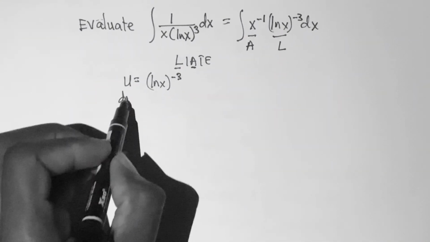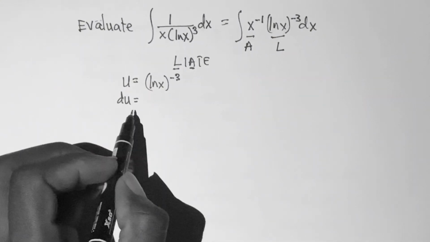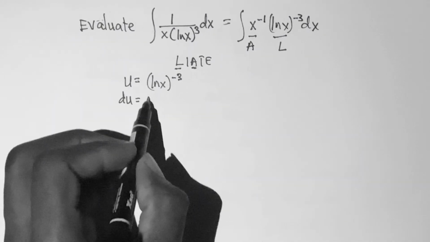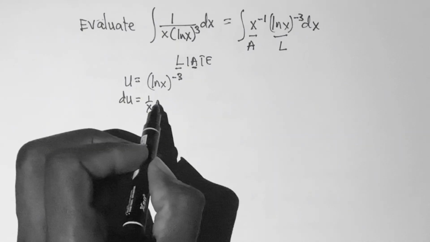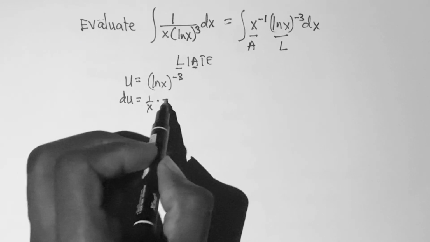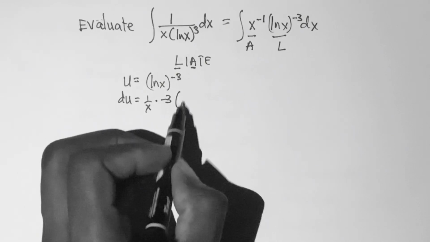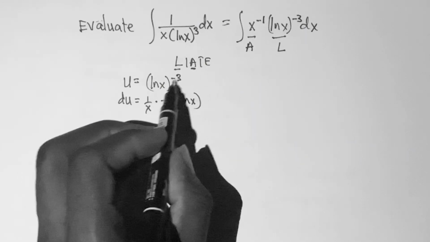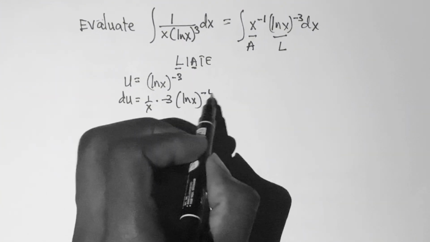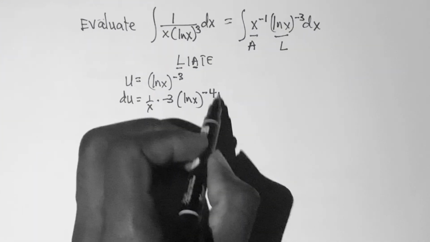So du is equal to, differentiating what was in the bracket, if you differentiate ln x it is 1 over x. And if you differentiate the whole thing, minus 3 will come down, then times natural log of x exponent, you subtract 1, you get minus 4 dx.